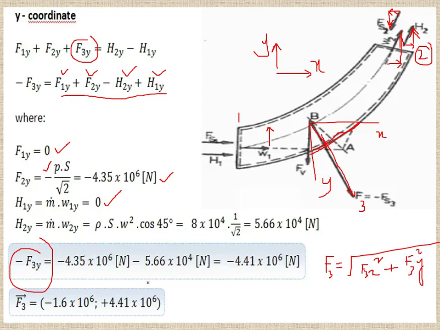If you substitute these two values, finally you will end up with a magnitude, which will be equal to this value. So this is the x component and this is the y component, and we can easily calculate the magnitude of the force acting at this point. This is the end of lecture number 2.